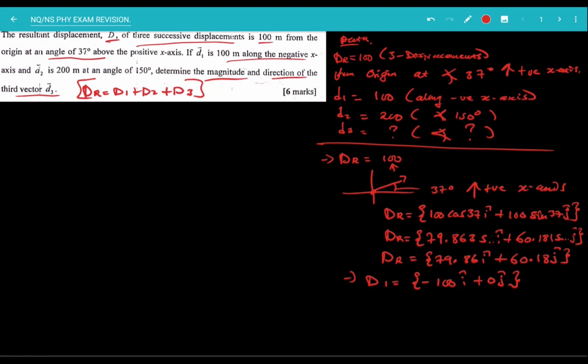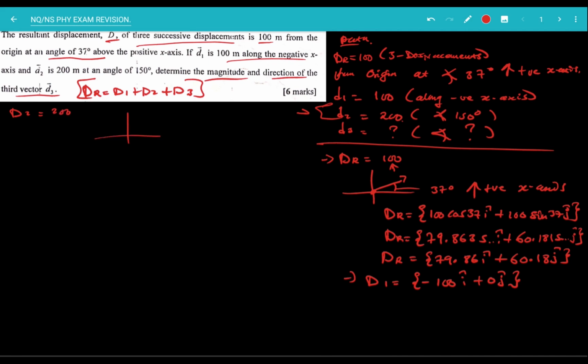Then d2. d2 is 200, and it's above the positive x-axis at 150 degrees.